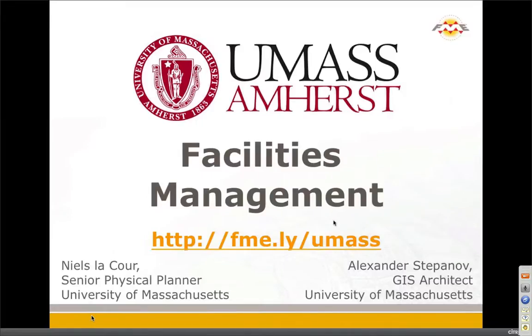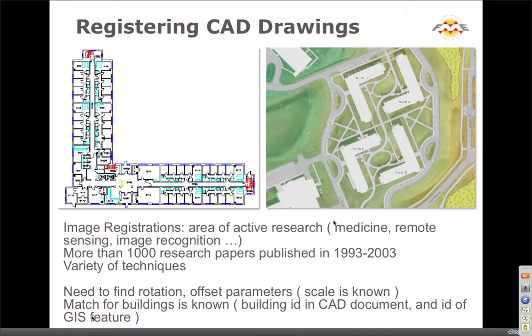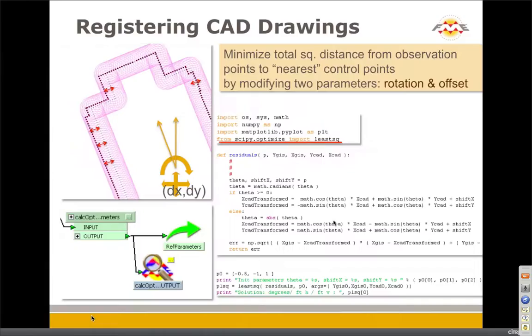They also have a long-time example where they're using the data interoperability extension together with ArcGIS Server to transform buildings in much the way that I was doing at the beginning, but a much more sophisticated way through FME technology and data interop, through ArcGIS Server, ultimately for helping with facilities management at the university. So they start with CAD drawings, much like the one that I had this morning, only more tricky, they're in their own local coordinate system, and they have to convert them, again using FME or data interop technology, using least squares and the Python capabilities inside FME.